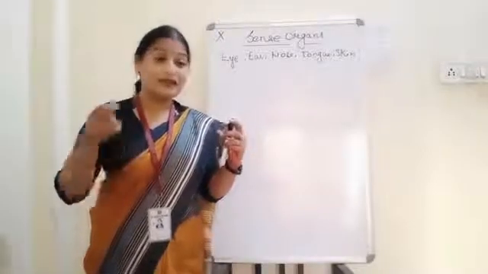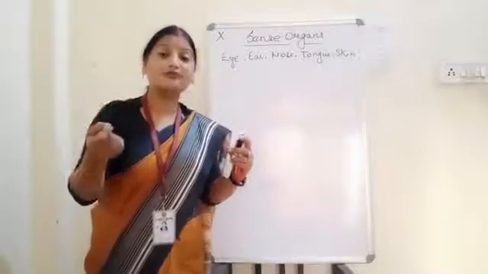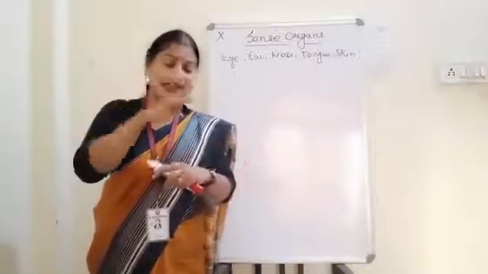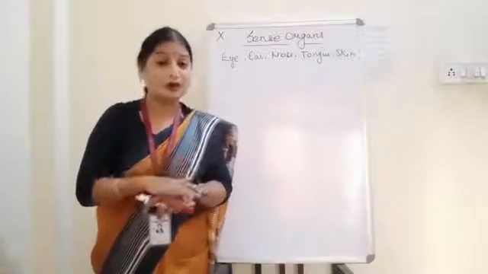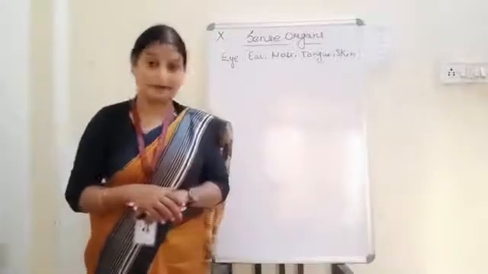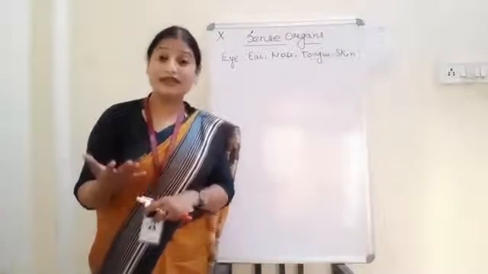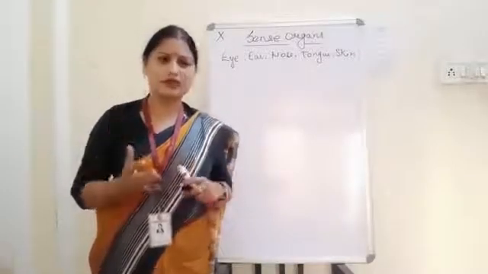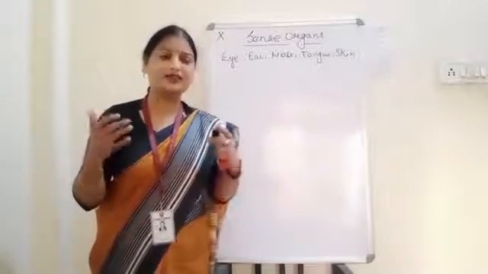Okay. If something hot, something very cold or some prickly material touches the hand, the body, then all of a sudden we remove our body from there. If we get some smell, okay, suppose a very bad smell, then automatically we feel very bad.